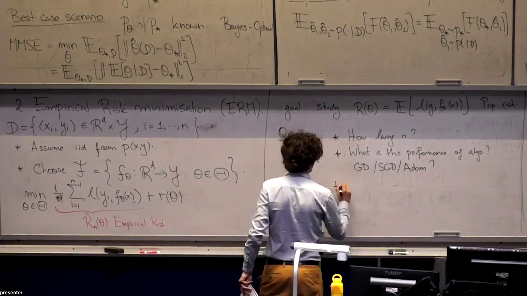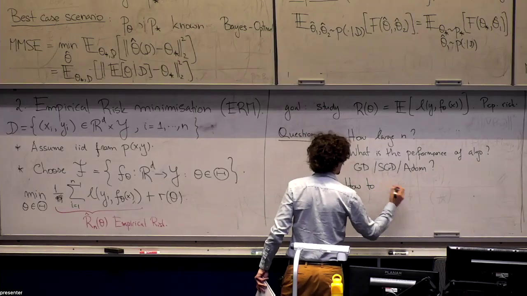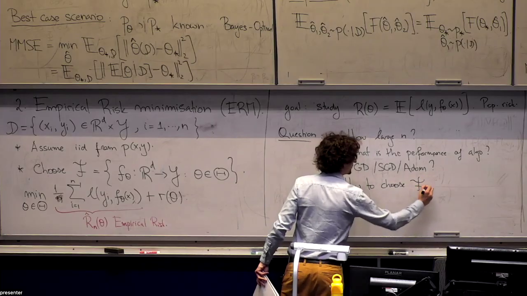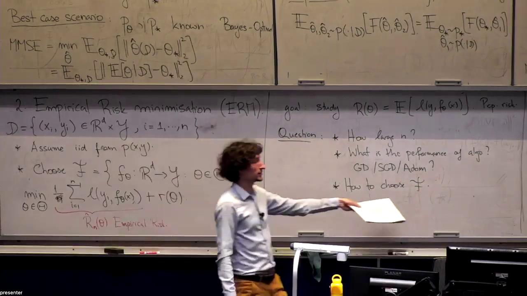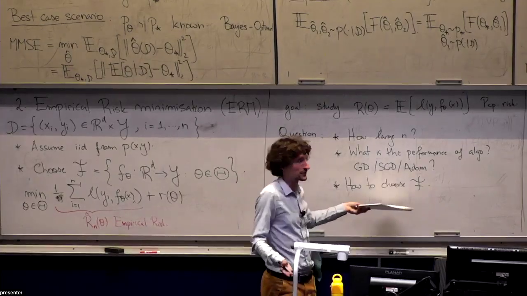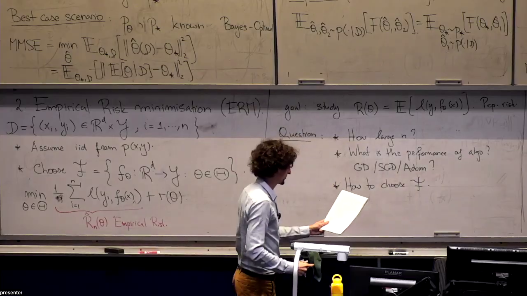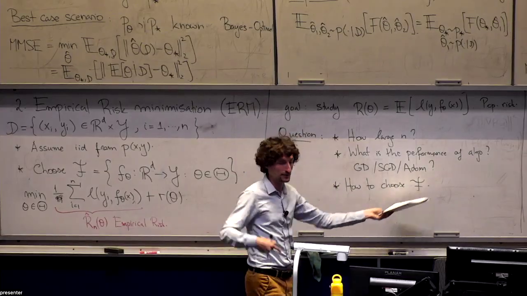What else did I put here? Oh yeah, how to design your architecture, how to choose the parametric hypothesis class you're going to be minimizing over: 2-layer neural networks, 3-layer transformers. What is the impact of the choice? How does this interact with the data distribution? Because the choice of F usually involves some knowledge of the data distribution.